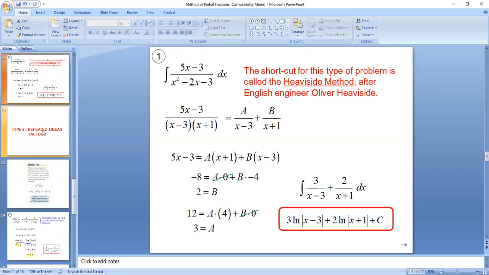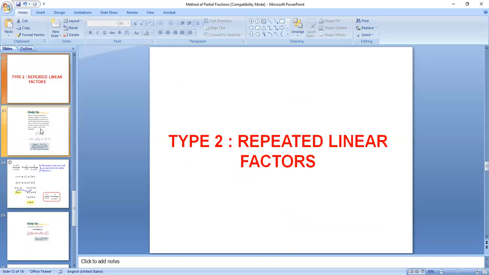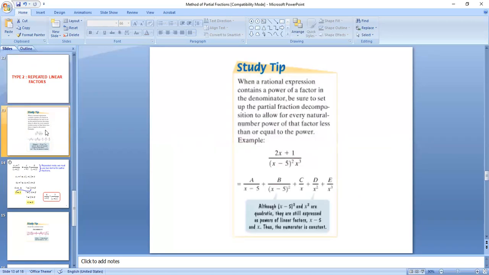Okay, we go to type 2. They are linear, but they are being repeated, referring to the roots of the factored denominator. What should we do?